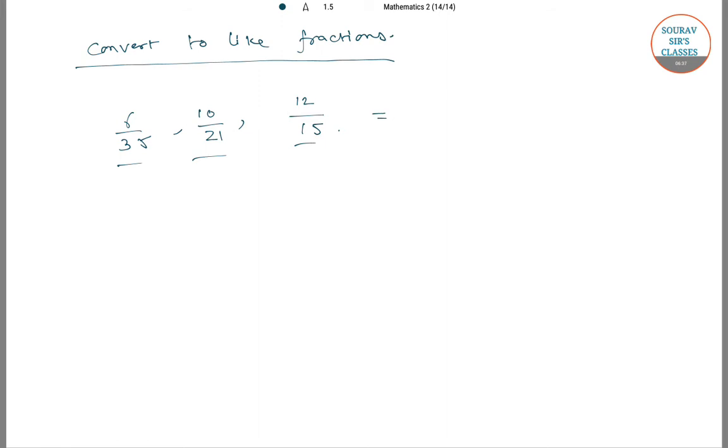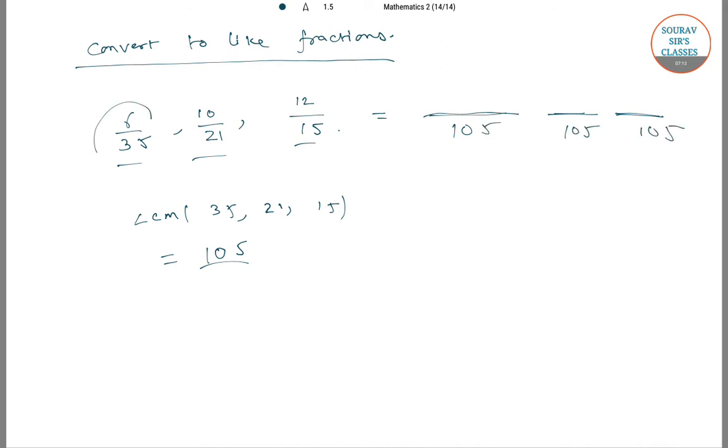For that we will change their denominators into the LCM. So the denominator of the like fractions would be the LCM of 35, 21 and 15, which is equal to 105. So the like fractions will have denominators as 105.